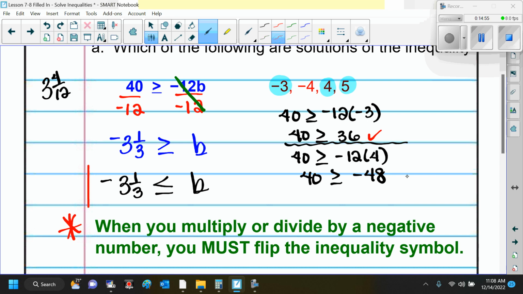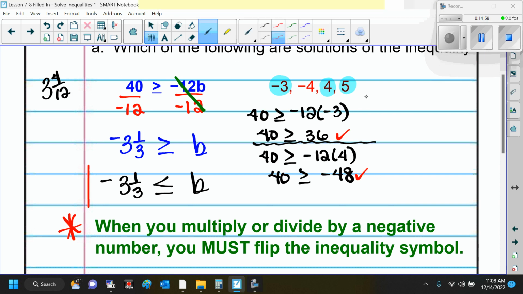That is true. Very good. So now we've got 40 is greater than or equal to negative 12 times 5. So that's 40 is greater than or equal to negative 60. Is that true? Yes.